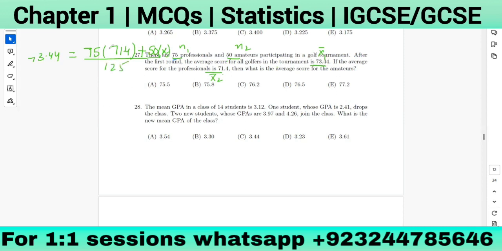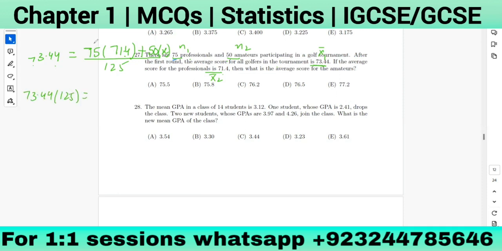Now, can you do this algebraically and get the value of x? The average is 73.44, and it is for professionals 75 into 71.4 and amateurs 50 into x, divided by 125, which is the total. So just do the algebraic calculations. It's very easy. 73.44 will multiply with 125.